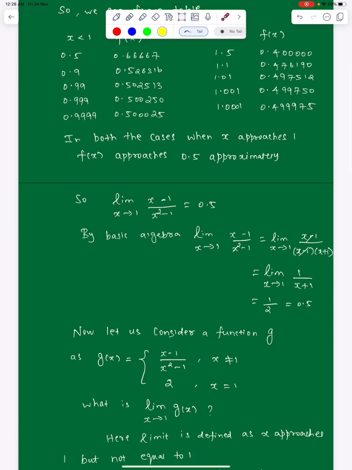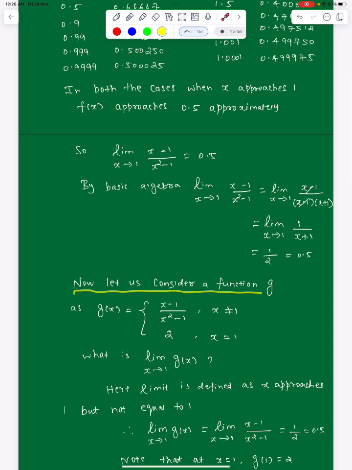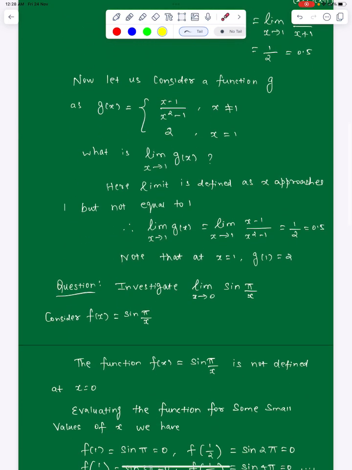Now let us consider a function g. G is defined like this. When x equal to 1, the value of g is 2. When x is not equal to 1, it is (x minus 1) over (x square minus 1).